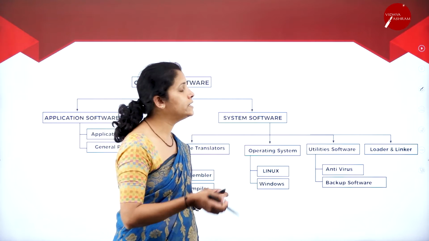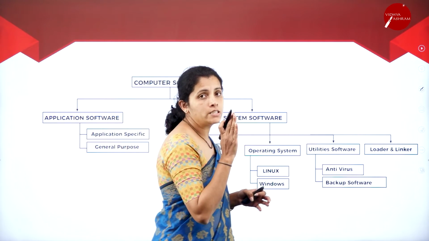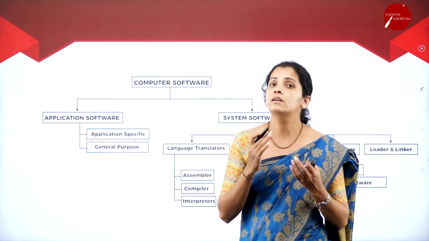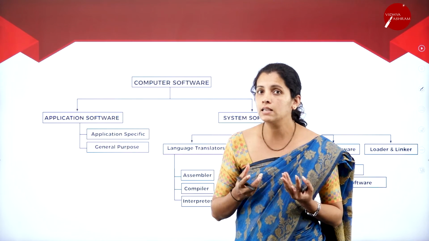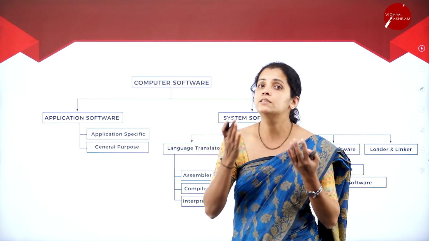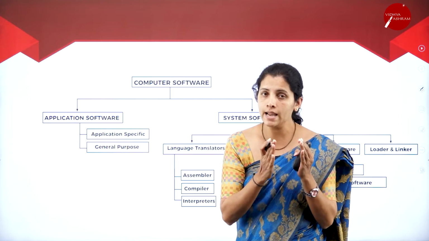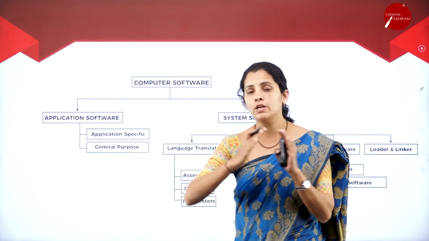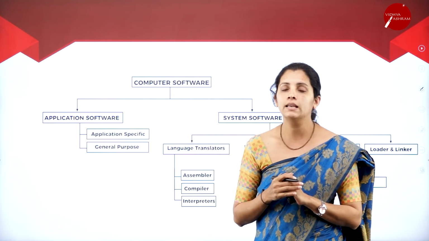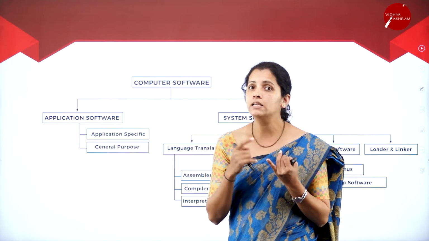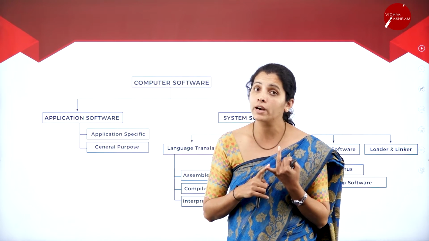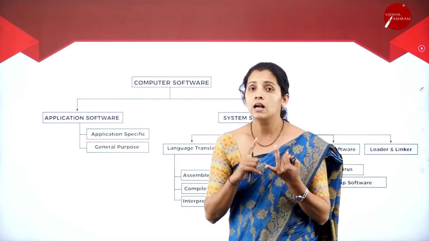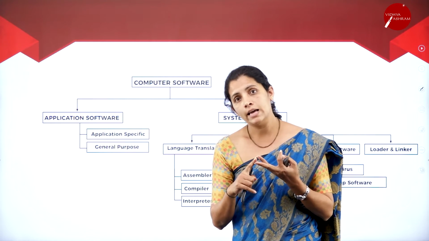So dear student, in today's session, we started with translator. Translator is mainly used to translate one programming language to another programming language. Then we had a discussion regarding the types of translator, that is compiler, interpreter, assembler.